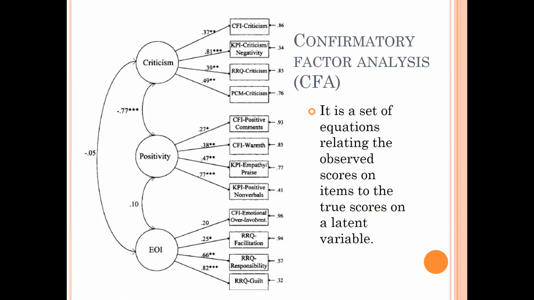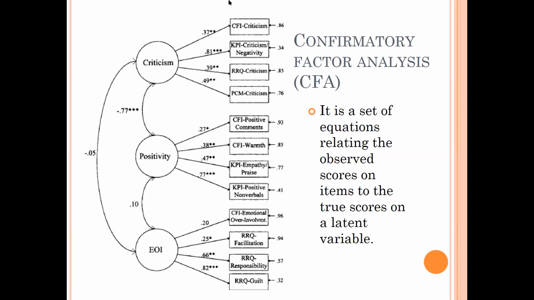So this is an example of confirmatory factor analysis. We have here a set of items that measure criticism, a set of items that measure positivity, and a set of items that measure over-involvement.